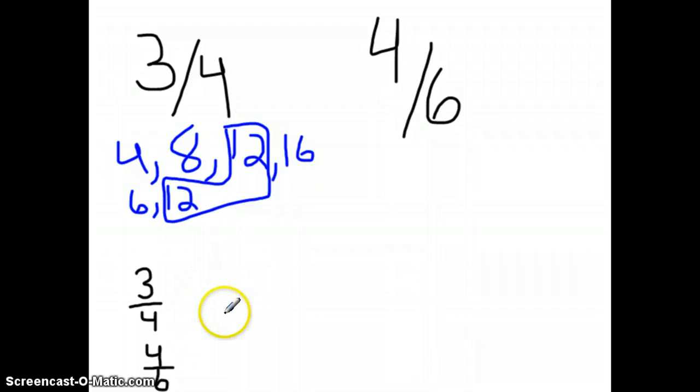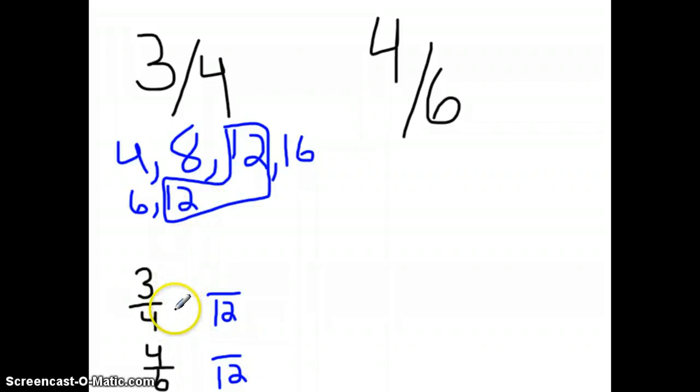Now, we have to remember one important thing. When we do least common denominator, whatever we do to the bottom, we have to do to the top of the fraction. So we know that there's going to be a 12 for the denominator on both of these fractions, but what we need to figure out is how many times did I have to multiply 4 to get to 12? Think about that.